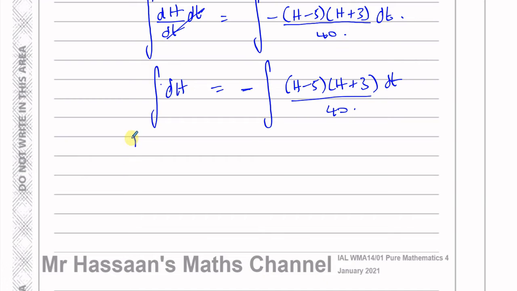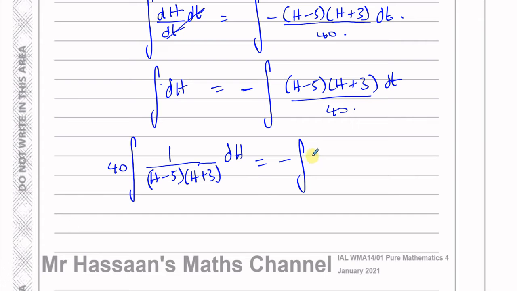So on this side I'm going to have 1 over (h minus 5) times (h plus 3). I'm also going to multiply both sides by 40 just to get rid of that 40, so you end up without a fraction on that side. So that side is going to be integrated with respect to h equals, basically, minus 1 dt. That's what I'm left with here.